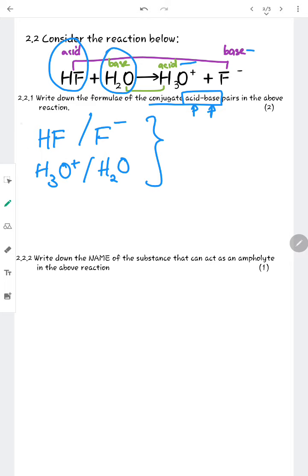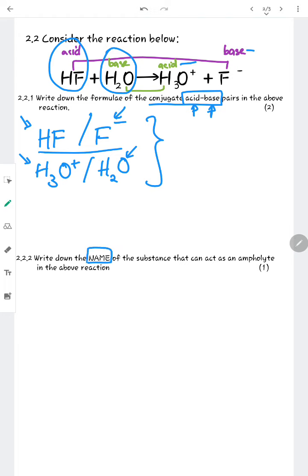One is from the reactant, one is from the product. You will have a pair being one from the left-hand side and one from the right-hand side. A pair does not exist on the same side. Are we clear?